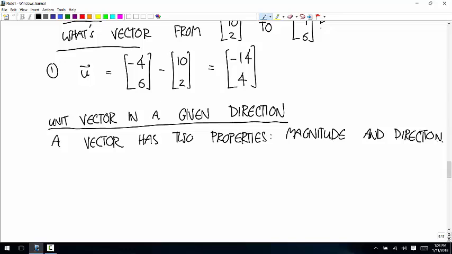And calculating a unit vector lets you separate the vector into those two properties. You can think of that unit vector as being like a pure direction.